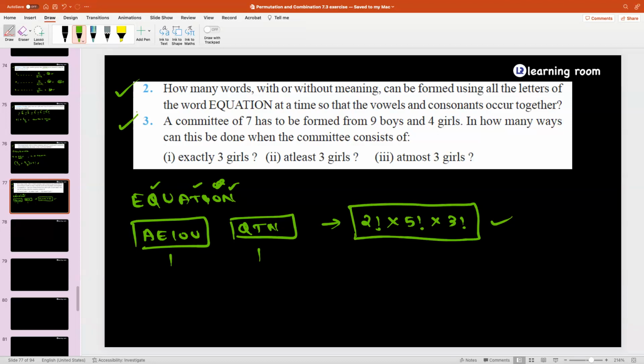A committee of 7 has to be formed from 9 boys and 4 girls. In how many ways can this be done when the committee consists of exactly 3 girls?